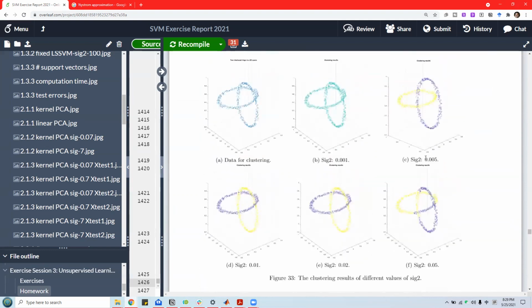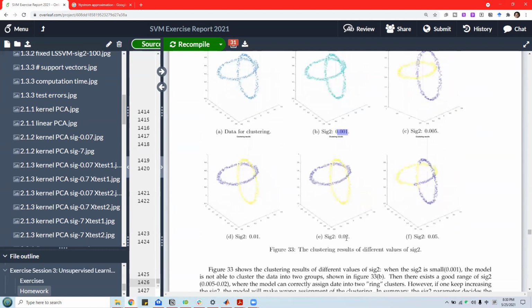So you keep increasing sigma 2. In the first one, when it's very small, you are not able to label those two rings. Then you start increasing the value, and you pretty much get the same result until this one. From here to here, you are able to cluster those two rings correctly.